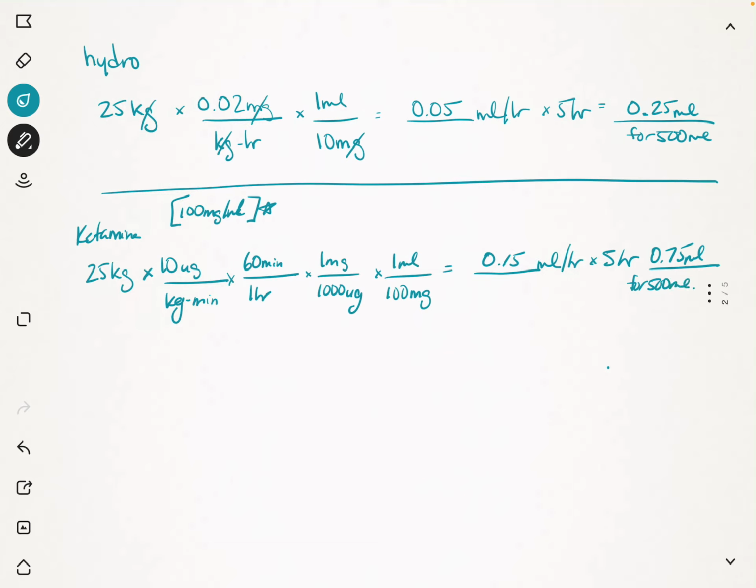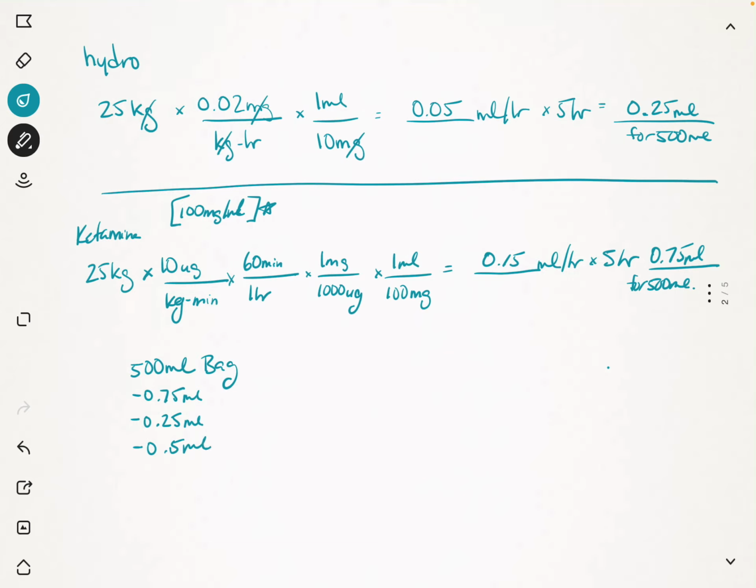Okay, so now that we know we've got our 500 ml bag, how are we going to make up the CRI? So because we calculated everything for an end volume of 500 mils, that means we have to remove the fluid volume that we're going to be putting in with drugs. So we've got our 500 mils minus our 0.75 mils minus our 0.25 mils, and we said the other one was minus 0.5 mLs.